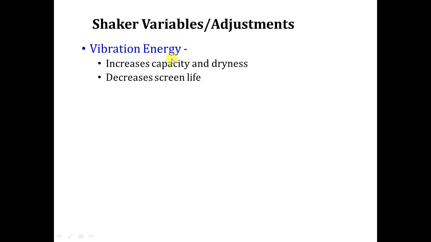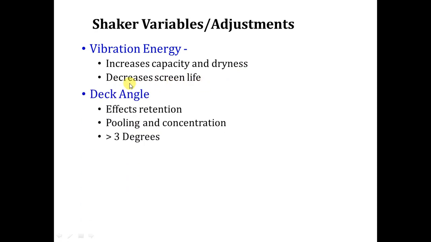The shaker vibration variables and adjustment, you have to take care about this. Number one is the vibration energy. It increases the capacity and dryness of the solids. Also, it decreases the screen life. Number two is the deck angle. You have to take care about both of them, the vibration energy, for example the RPM, and the deck angle. It affects the retention of the solids over the screen, and also the pooling and the concentration.